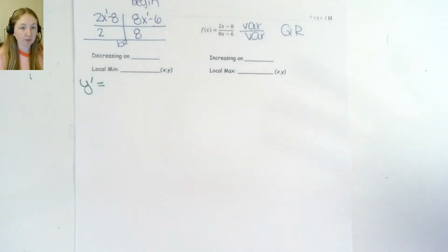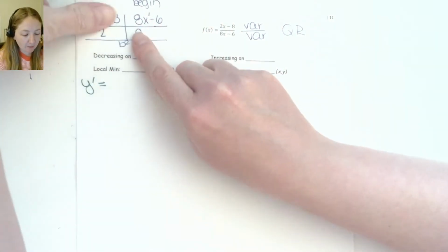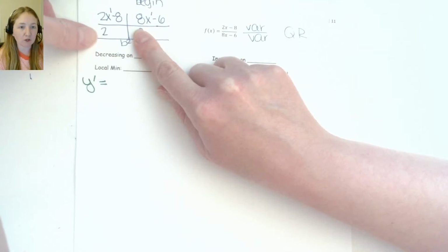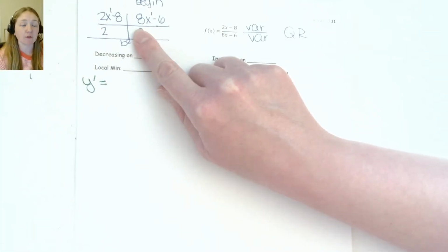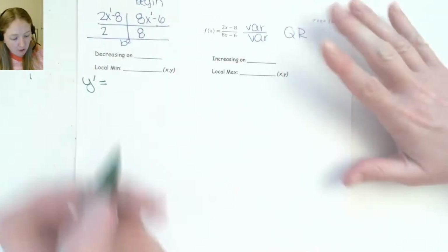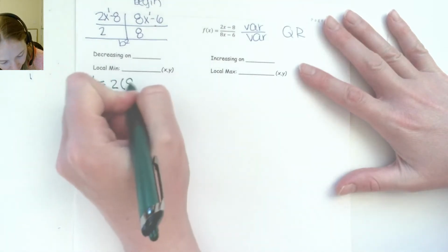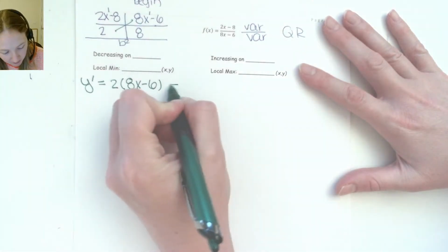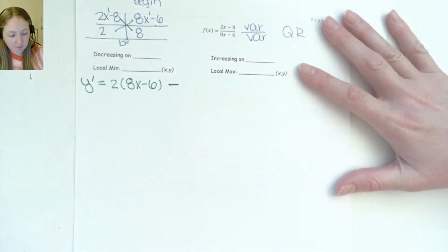Another helpful thing about the quotient rule: if you happen to notice on the diagonal that you are starting with just one term, put that first so that the distribute step is easier for you. So this is going to be 2 times 8x minus 6. So again, this off diagonal first, and then minus the main diagonal.